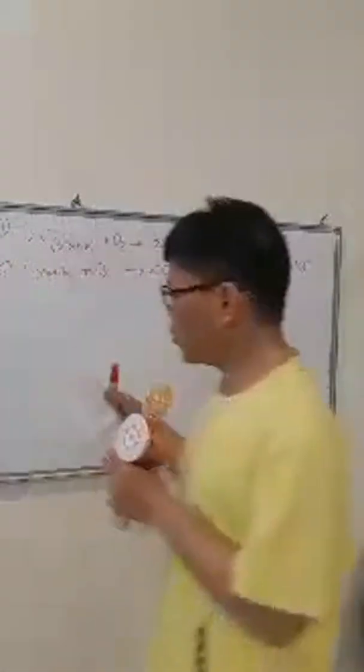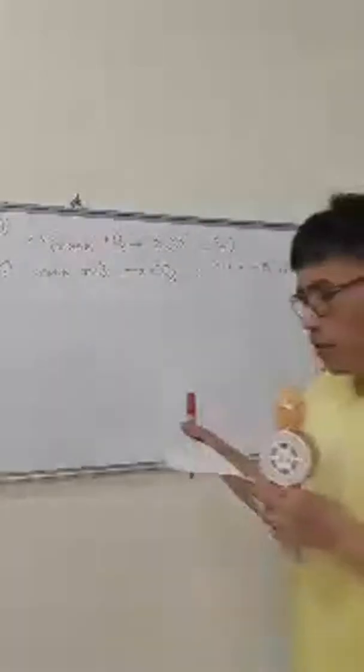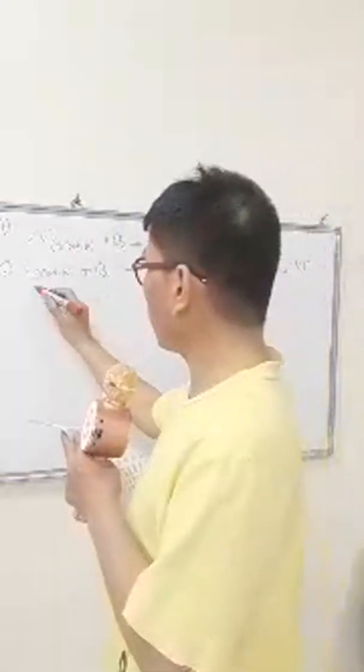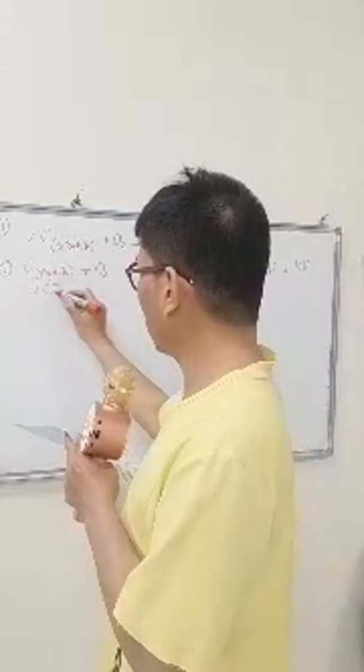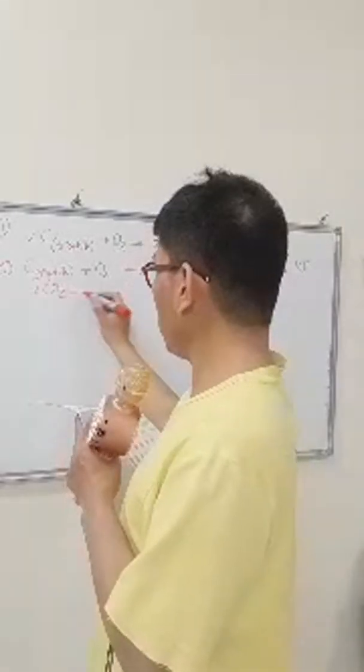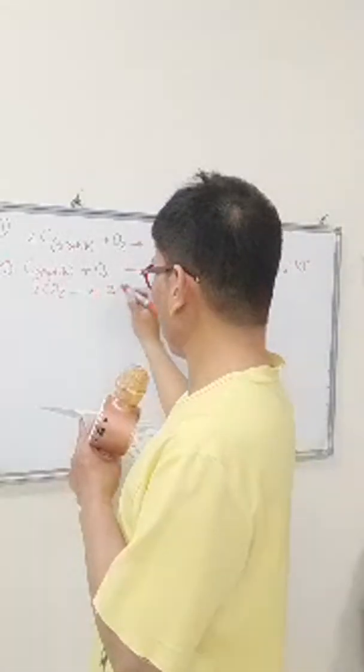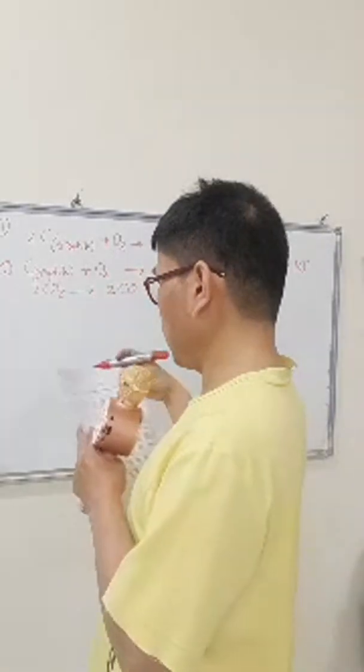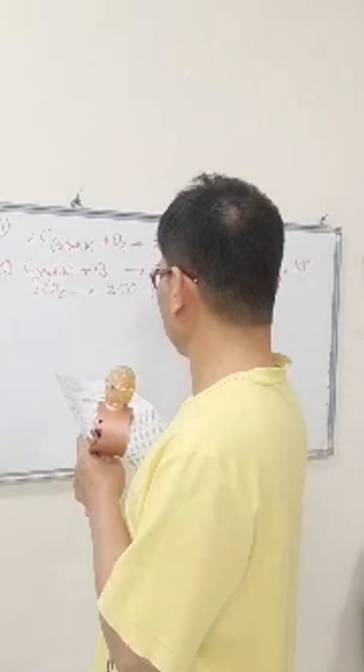Equation 2: 2 moles of carbon dioxide will be equal to 2 moles of carbon monoxide plus oxygen gas.